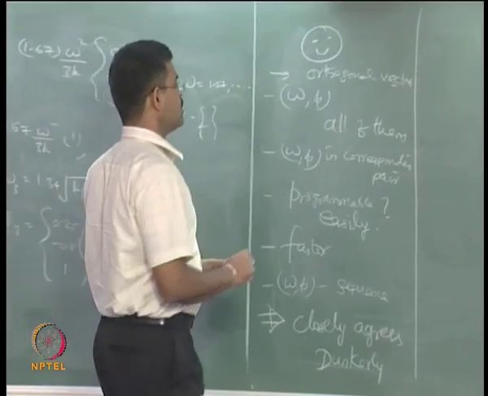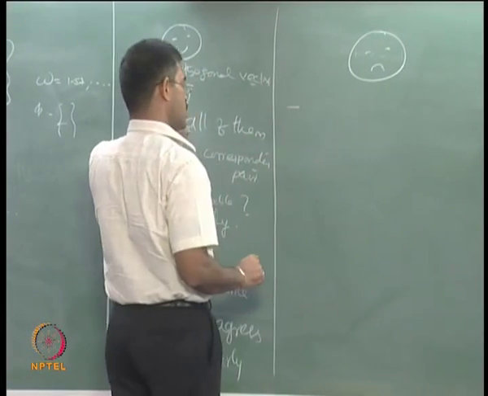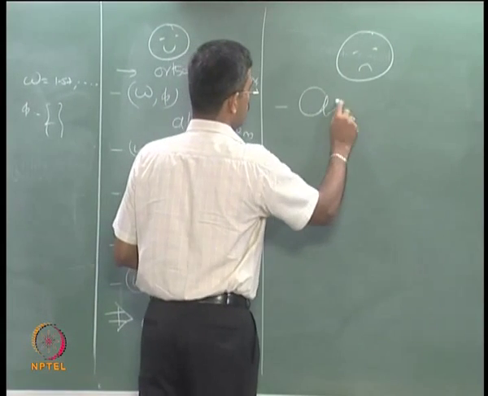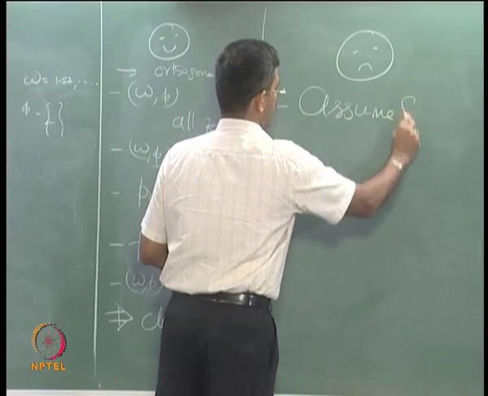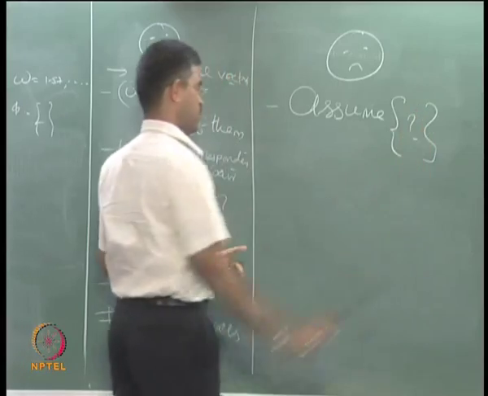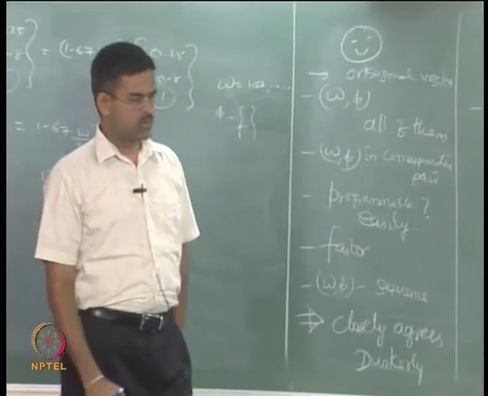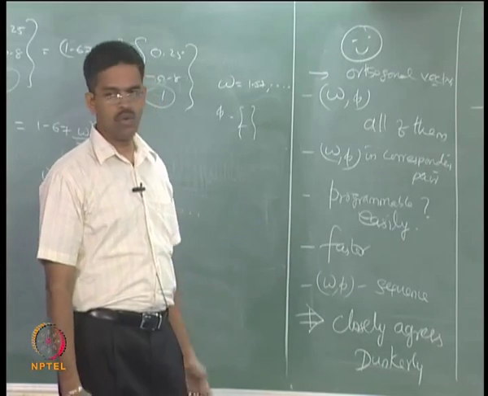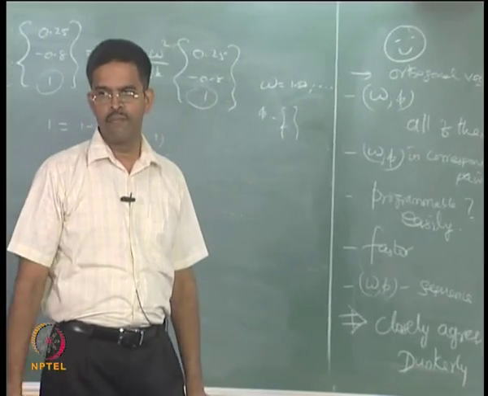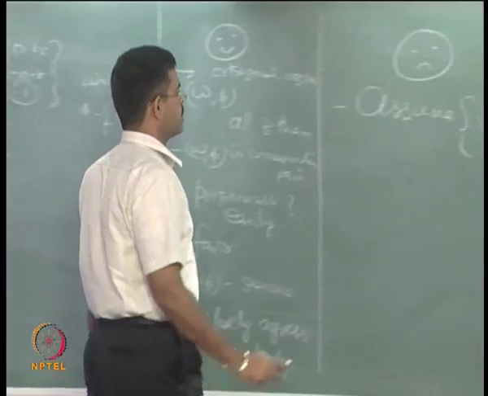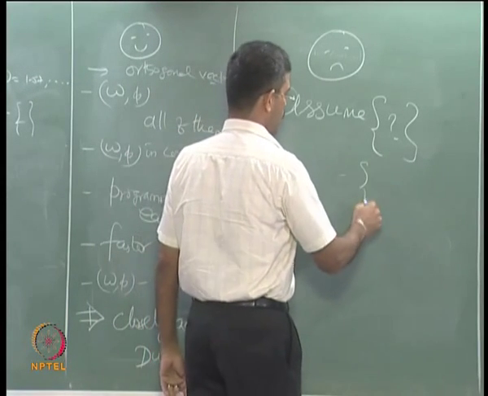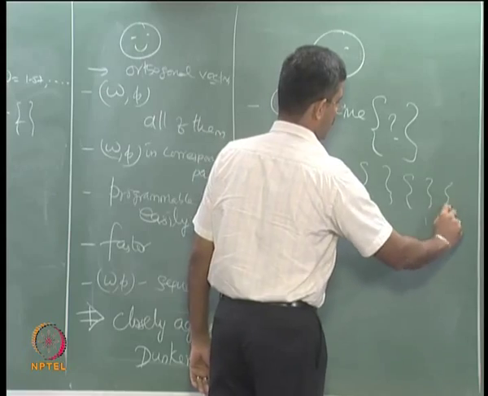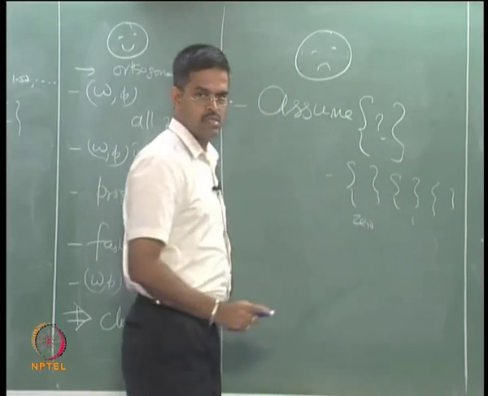The sad parts are the following. The greatest sad part is how do you assume the vector? So, here I said 1 1 1, 1 0 0, 1 0 1 and so on. So, how do I assume it? The answer to the sad part is you can assume accordingly 0 crossing, first crossing, second crossing, any number, still it will converge.